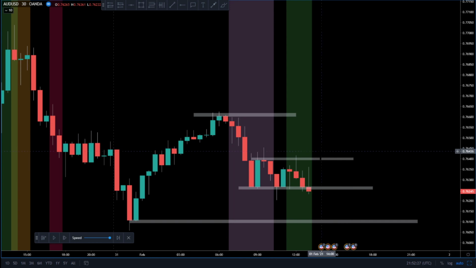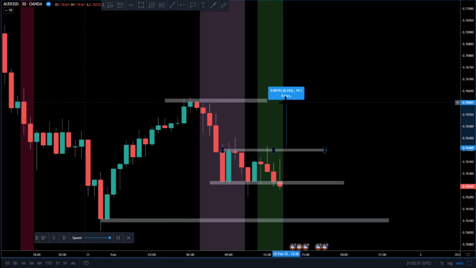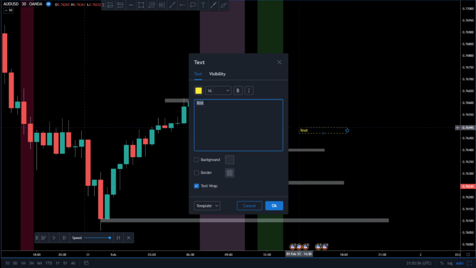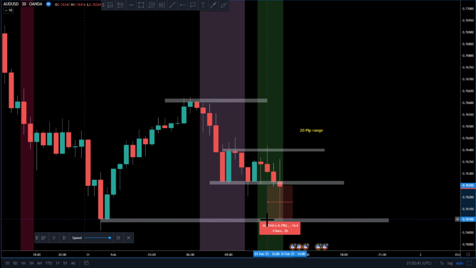I measured here, from here to here is 20 pips. It was a 20 pip range. This next one lower was a 14, 15 pip range.